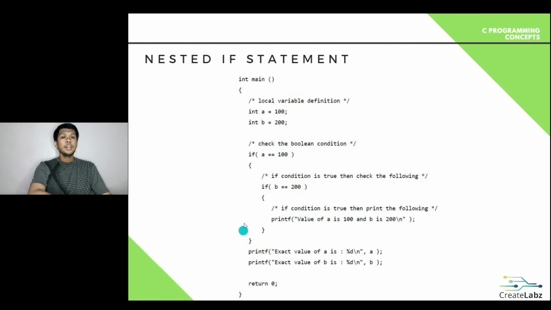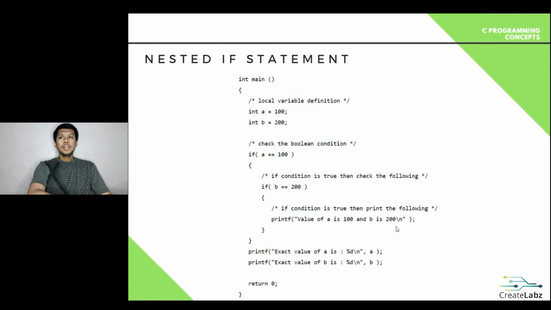Then we have another if statement inside. If B is equal to 200, open curly brace of the inner if statement, close curly brace of the inner if statement. Since this is true, and since this one is also true, then it will print the value of A is 100 and B is 200.